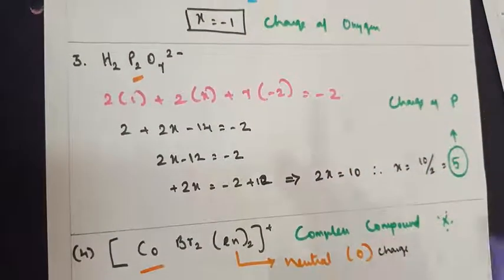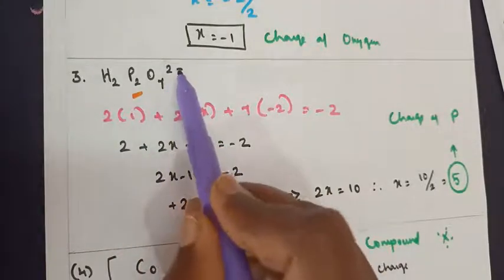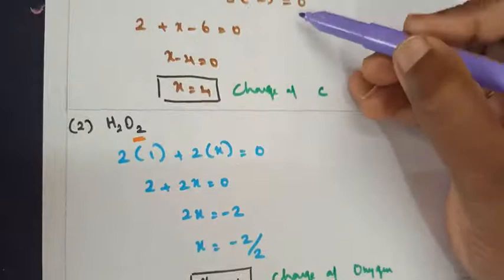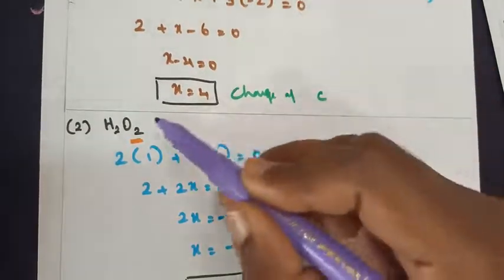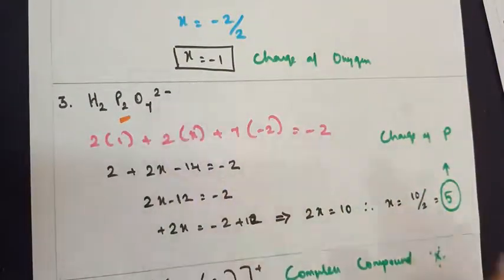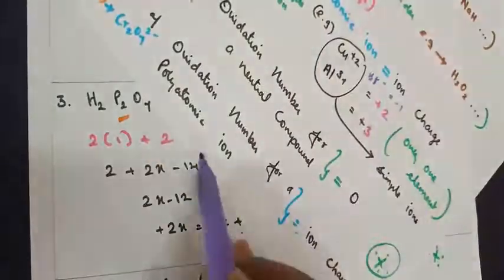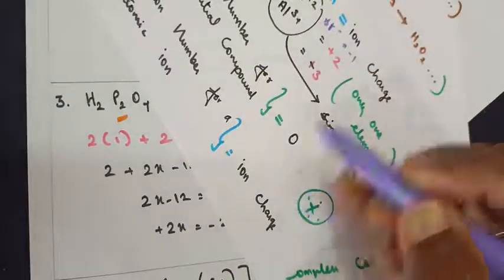Look at the next example, H2P2O7 2−, charge given here. In the previous two cases it was a neutral compound, so you wrote equal to 0. How will you remember? No charge will be given on top. In this case, charge is given. It's a type of polyatomic ion. If you remember, the sum of oxidation numbers is equal to the ion charge.